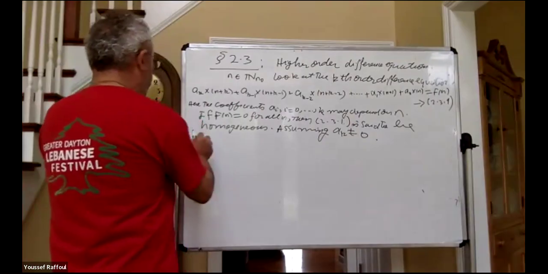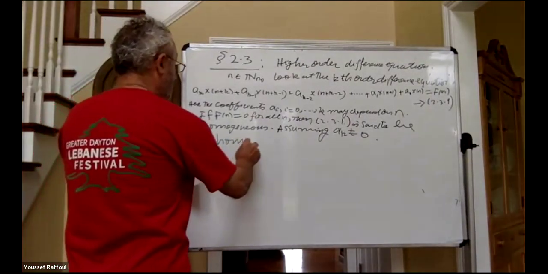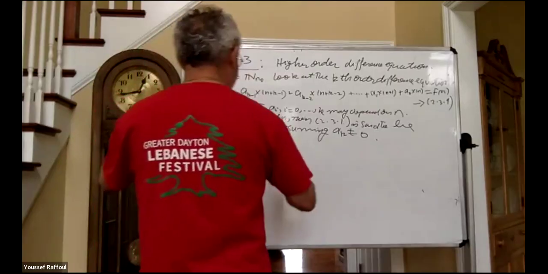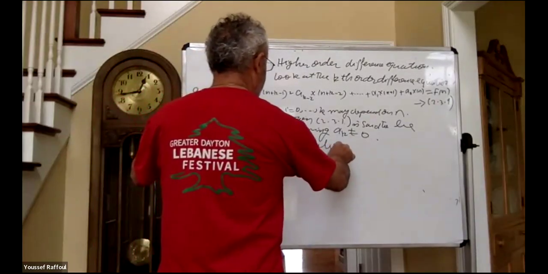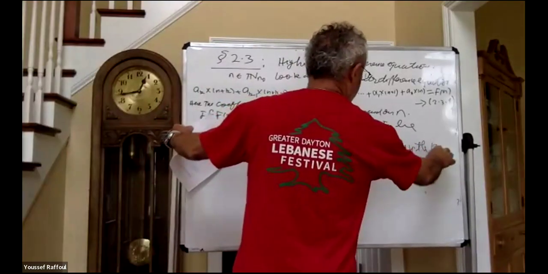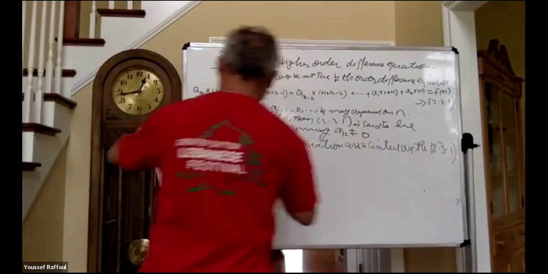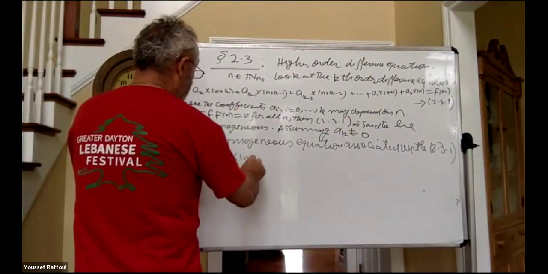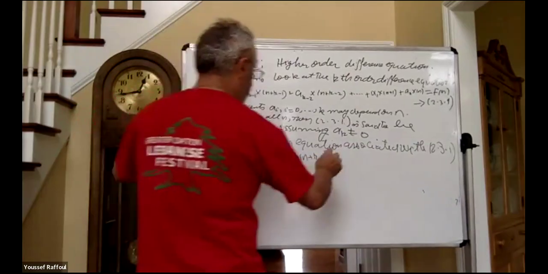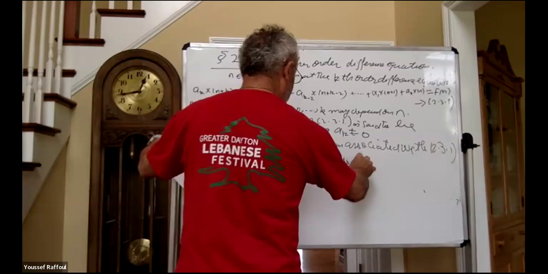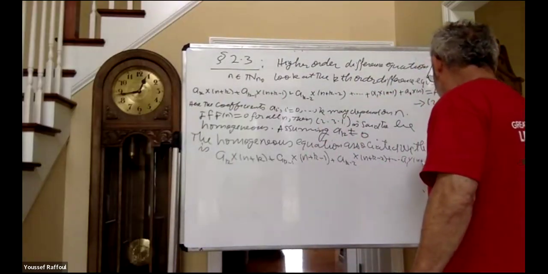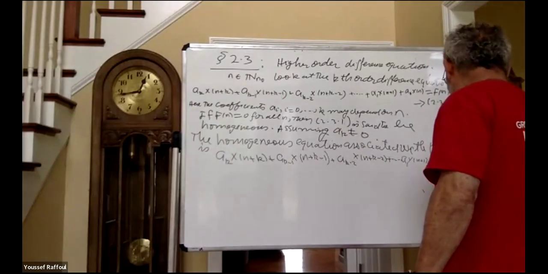All right. So that is the homogeneous equation associated with 2.3.1: a_k x(n+k) plus a_(k-1) x(n+k-1) plus a_(k-2) x(n+k-2) plus a_1 x(n+1) plus a_0 x(n) equals 0.